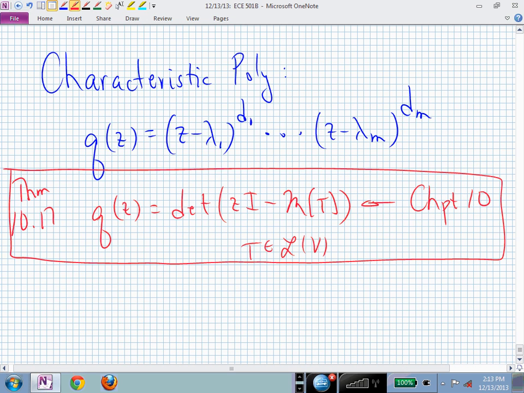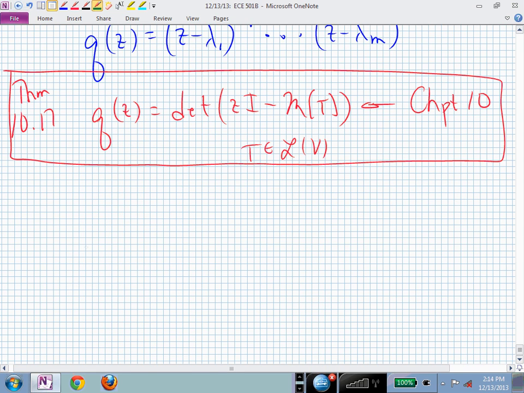So now you can play with all of this information that you now have. One more thing in chapter 8 is the Cayley-Hamilton theorem.